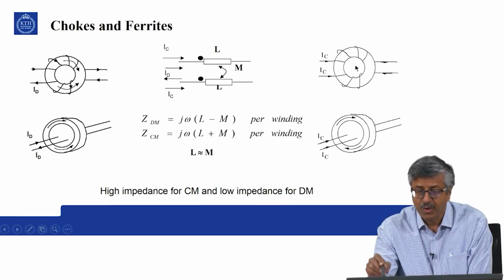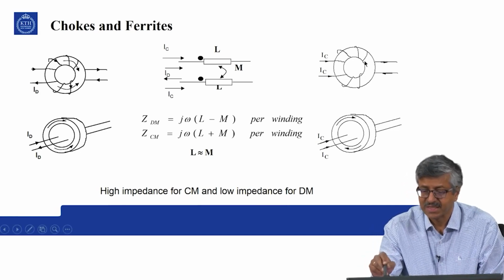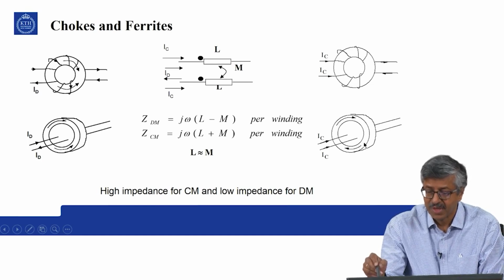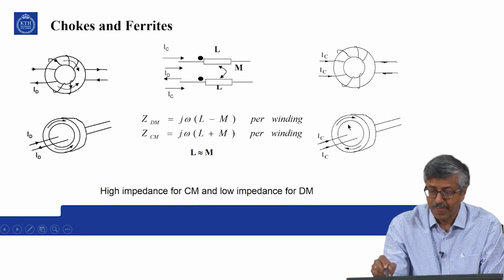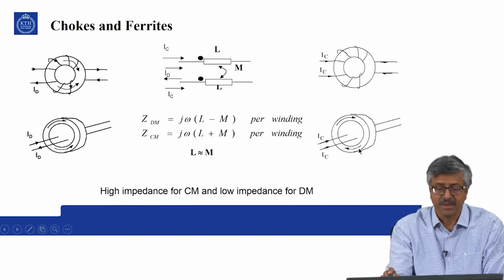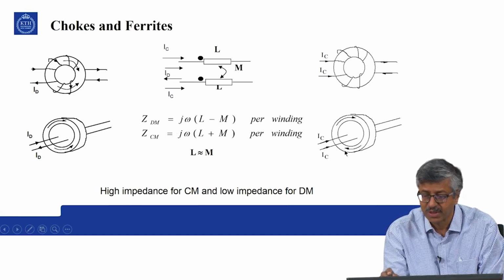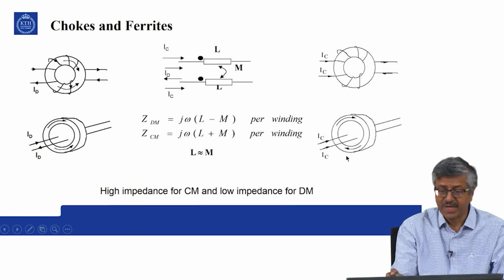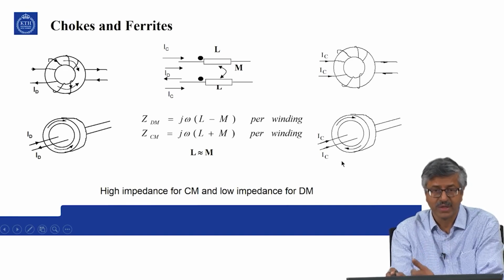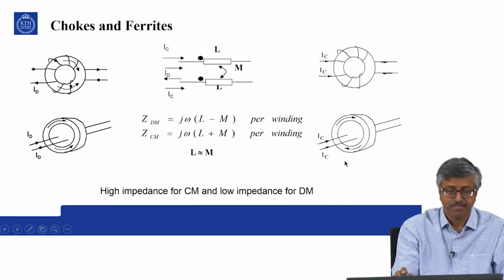Now for common mode currents, where the current directions are the same, the fluxes aid each other, and you have a high impedance per winding under common mode noise currents. So then it will introduce a high impedance in the circuit and you block the noise.